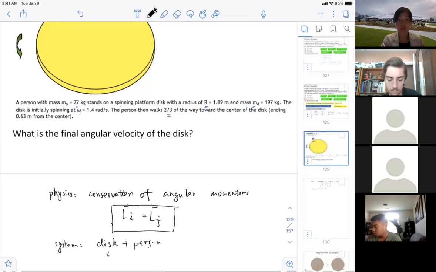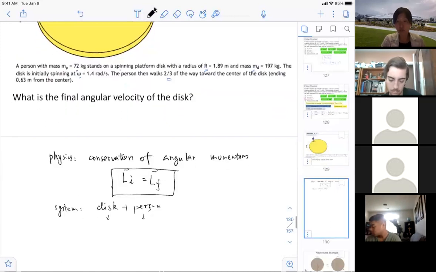As far as we're concerned, we can treat the person as a point, because all points of the person in terms of the status of the motion are the same, right? You're just one point rotating. So I for the person, you will just use mr squared. So you treat these two differently. One is a rigid body. The other is a point particle.